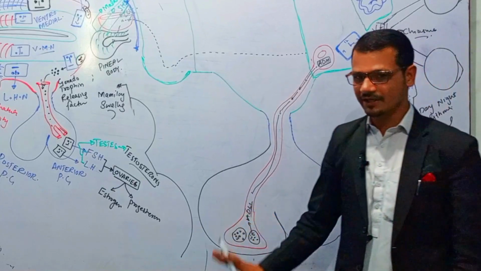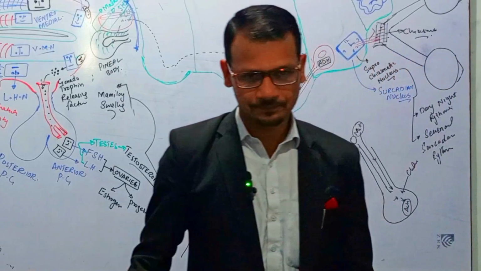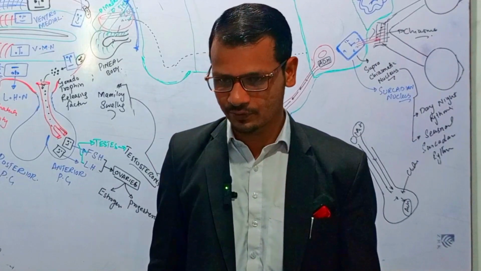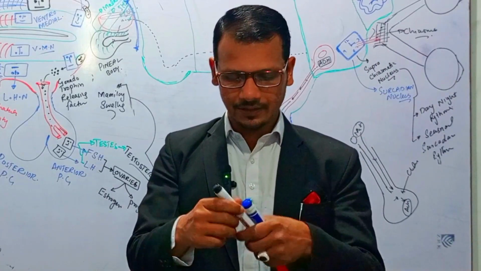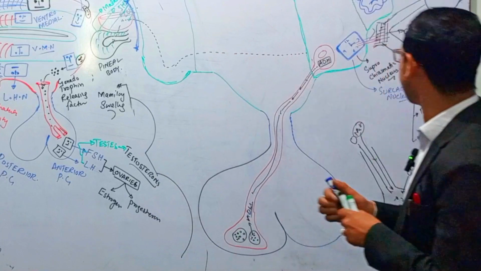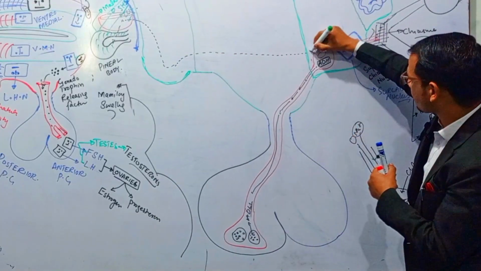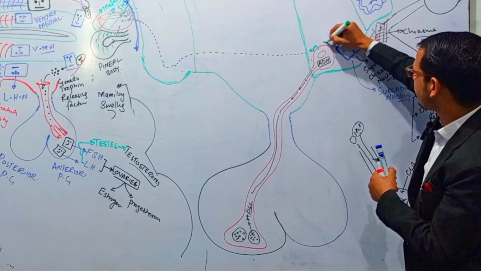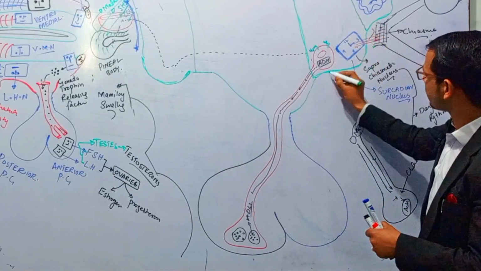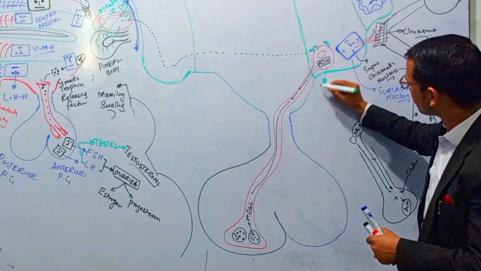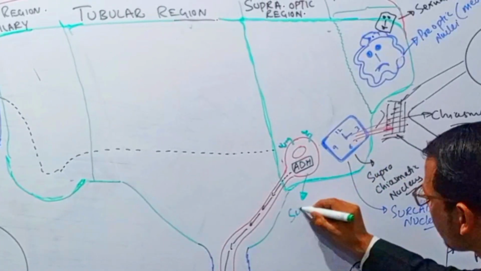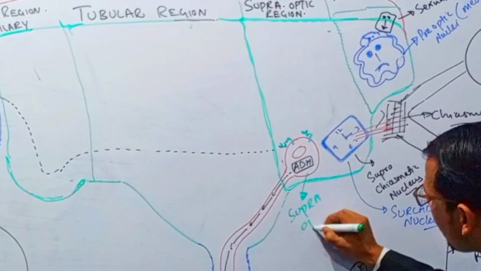But some signals are required for releasing this ADH, and these signals come from here. We also have some receptors, some neurons acting like receptors, and this nucleus is called the supraoptic nucleus.